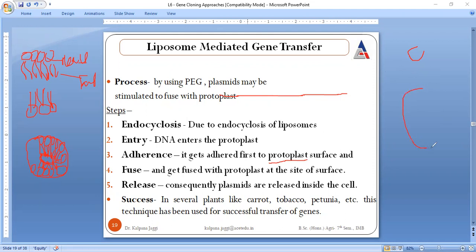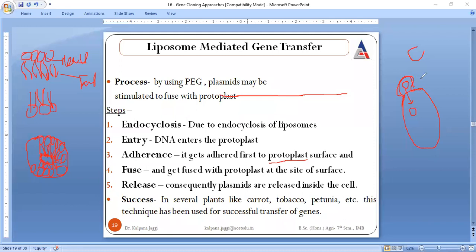The protoplast is the cell without a cell wall. If this is the cell, and here is the liposome having a desired gene, it will undergo endocytosis. That means this membrane will fold and it will take in this DNA, right? So the DNA enters the protoplast and adheres onto the protoplast here.